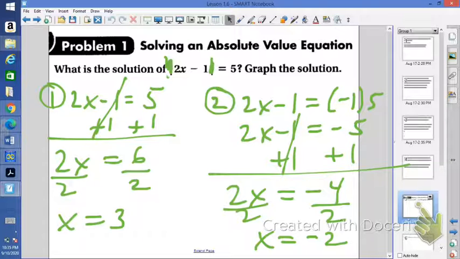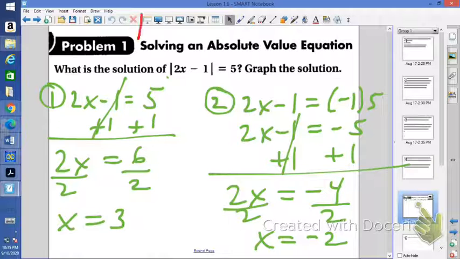Now we have to check for extraneous solutions, so we plug them back into the original and see if the left-hand side equals the right-hand side.